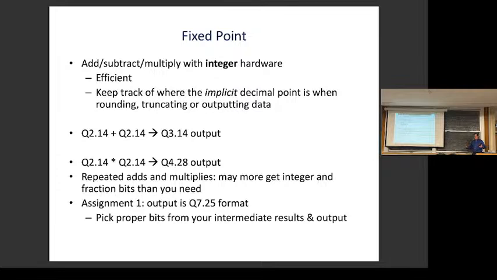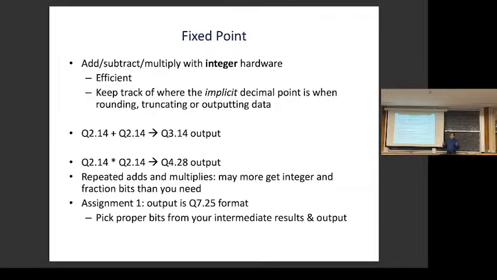It's now 3 integer bits and 14 fraction bits rather than 2. And if I want to make sure I don't overflow, I should have a 17-bit output. If I multiply 2 of these numbers, I get a 32-bit output. And if you just work out on pen and paper where the decimal point is, you get 4 integer bits, 28 fraction bits.